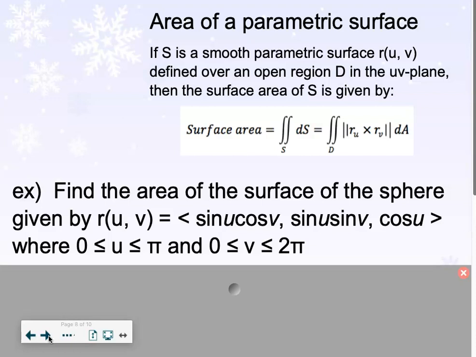So if S is a smooth parametric surface, R of U comma V, defined over an open region D in the UV plane, then the surface area of S is given by the double integral over this region D, the region bounded by your U and V limitations, of the magnitude of the cross product, R sub U cross R sub V.